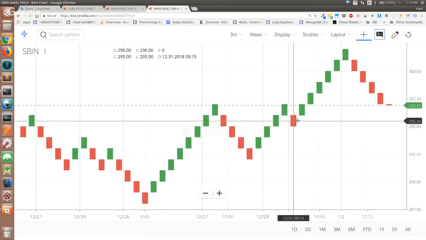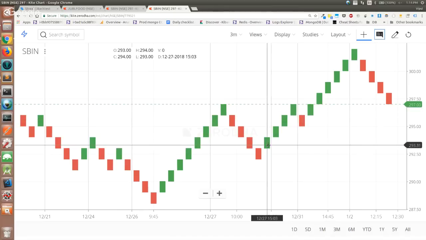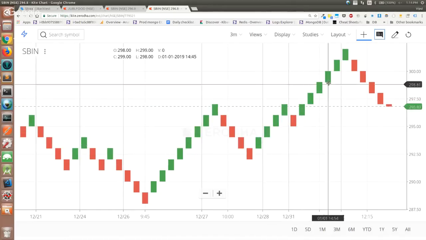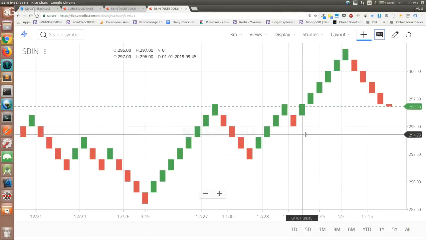You will not see one red brick form and then green, because if you choose ATR or something like that, your chart will always be green, green, green, green, and red, red, red, red. But that is like that only because you have chosen a value that will fit that, right?